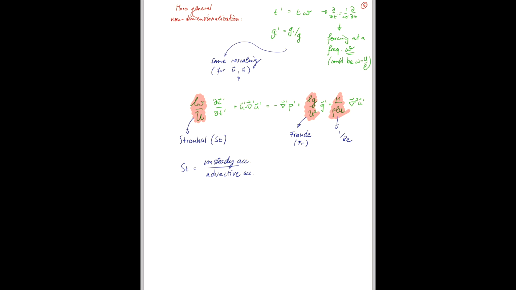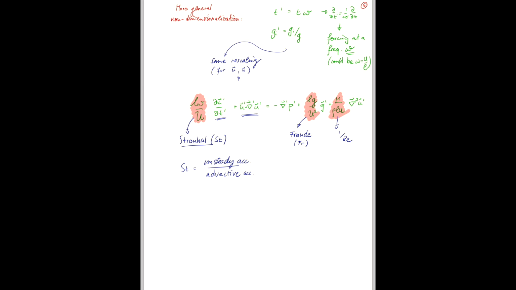That basically gives you an insight of how those two relate. And the Strouhal number, for example, tells you how quickly you're shedding vortices behind an airfoil, for example.